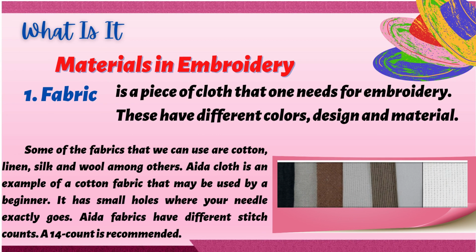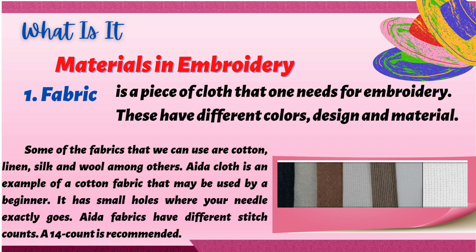What are the different materials in embroidery? 1. Fabric. Fabric is a piece of cloth that one needs for embroidery. These have different colors, designs, and materials. Some of the fabrics that we can use are cotton, linen, silk, and wool, among others.